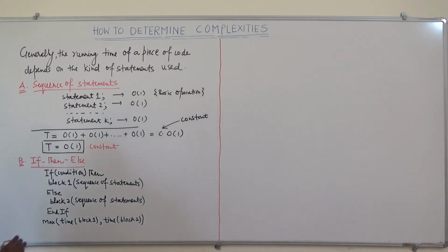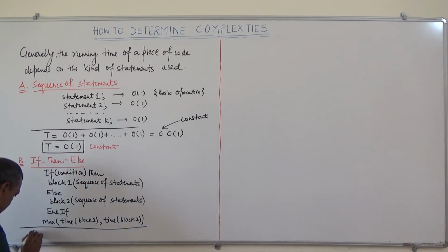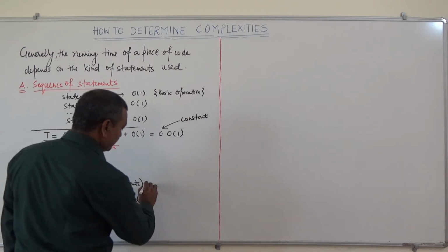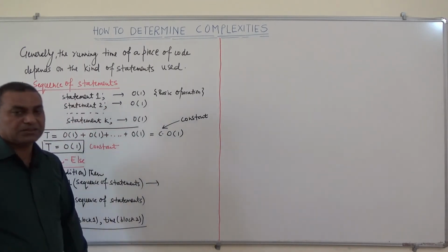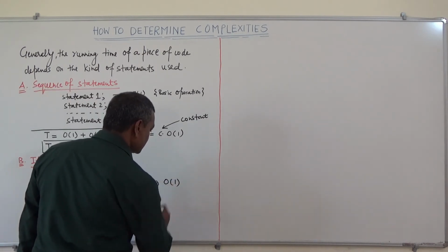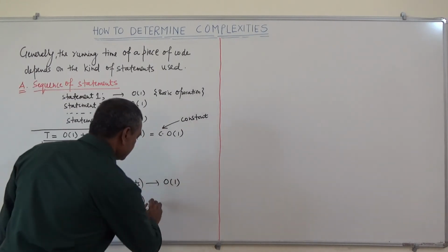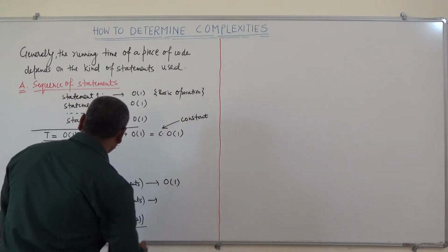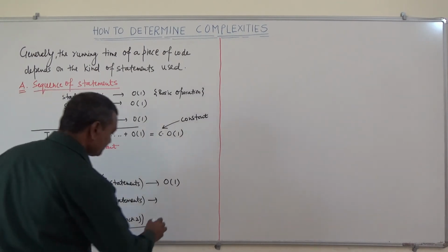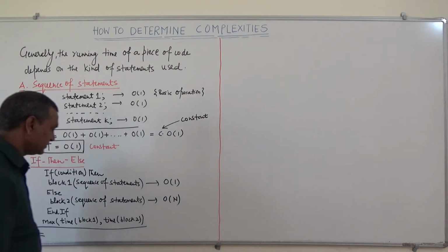Now the total time can be written as, let us say the time complexity of block 1 is order of 1, containing the basic operations, and the running time of block 2 is order of n.